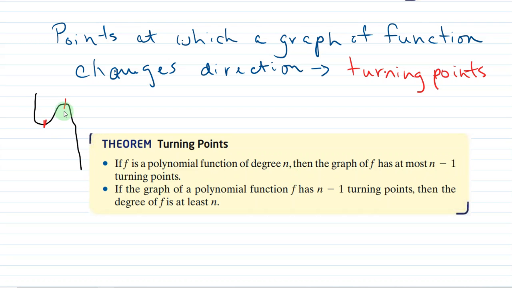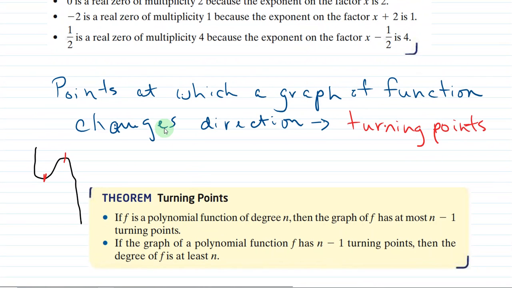Well, if it has 2 turning points, it would be a third degree. That looks like a third degree. So the degree is going to tell you at most how many x-intercepts you have and what the degree is. And then one less than that would give you the turning points. So if you know the turning points, the degree is 1 more than the turning points. So that's what that does. And that would give us our notes.